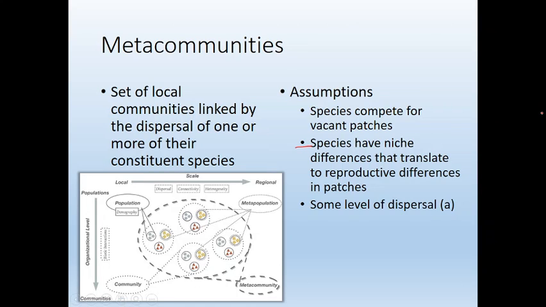One way we can talk about niche differences is just reproductive differences in patches. And then there's some level of dispersal between these patches, right? So, some of these species going and finding a new spot.